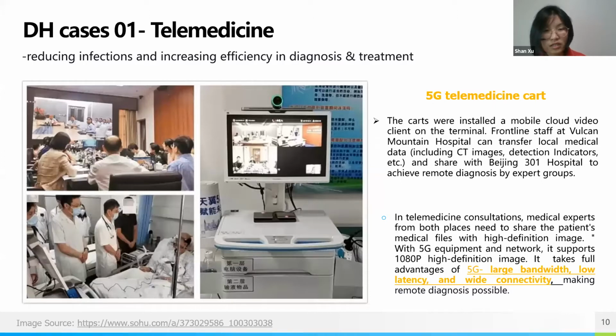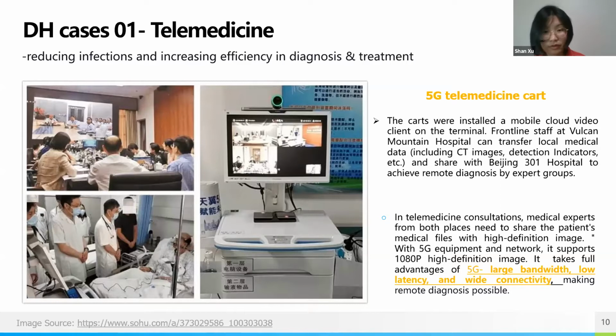And so that is why 5G and telemedicine technologies responded to the coronavirus so fast in China, because they were already tested and used, and because of the mature mode and the infrastructure possibilities. So we can also see it as a kind of preparation on the digital health part before the outbreak.